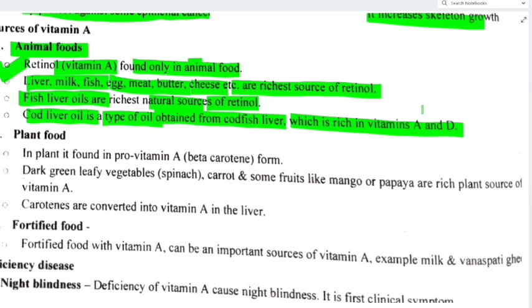Fish liver oils are the richest natural sources of retinol. Cod liver oil is obtained from codfish liver and is rich in vitamin A and D.